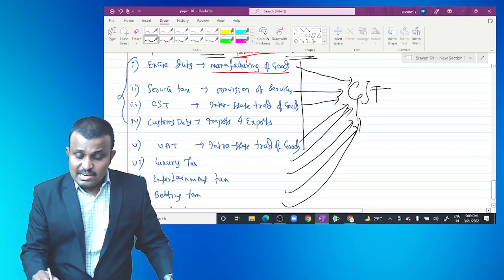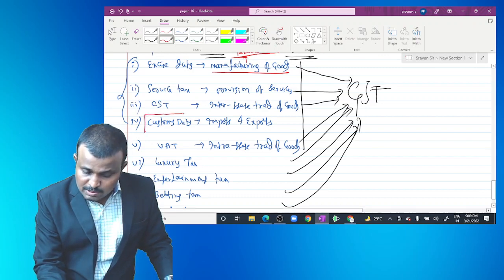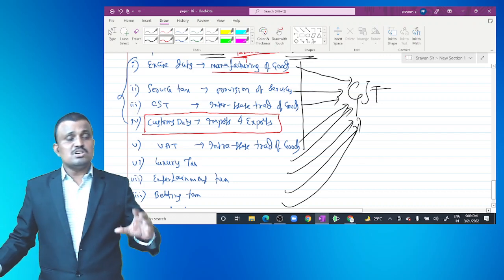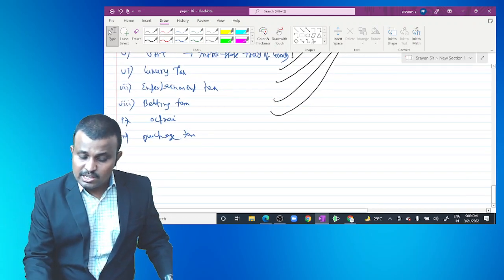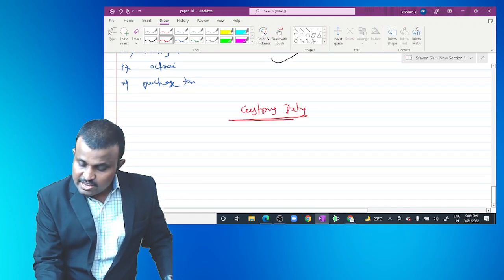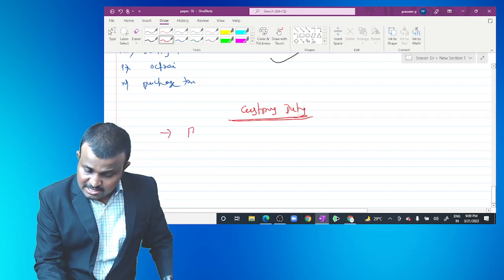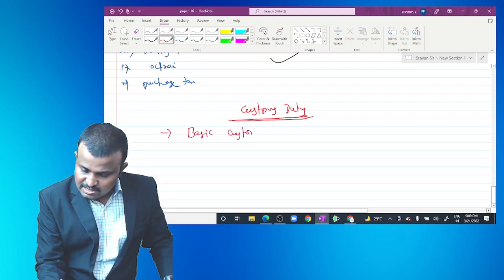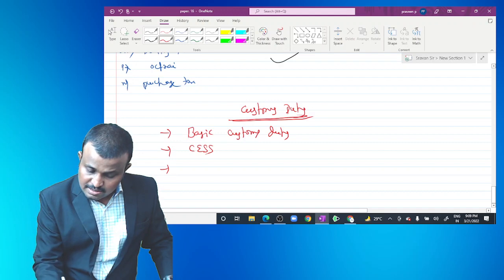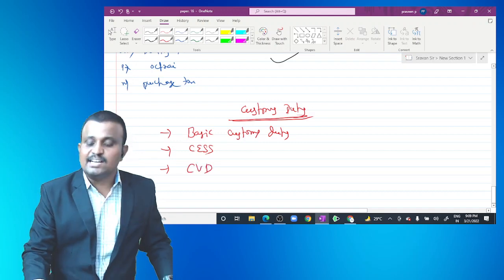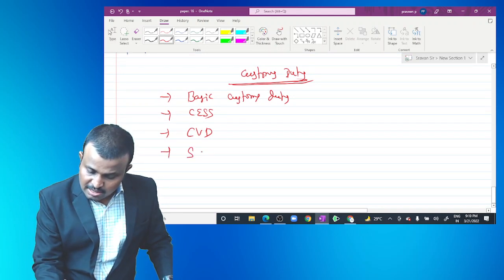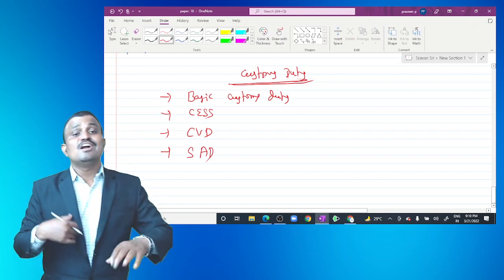Octroi is subsumed. And here, one tax is not subsumed, nothing but customs duty. If you know customs duty, in case of customs duty, three taxes are there: basic customs duty, cess, and countervailing duty, special additional duty, nothing but special countervailing duty.